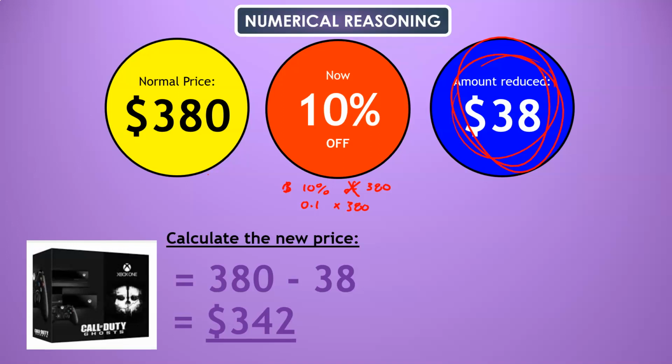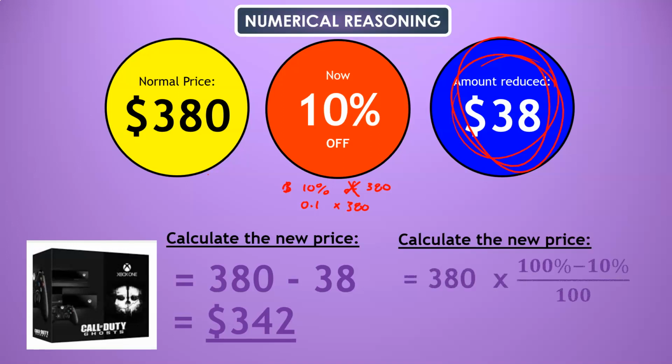So we looked at the multiplier in the last lesson when we were looking at increases. How I would like you to calculate it is to do the following calculation. So 380 times, now the key thing is, in the last lesson when we were doing increases, this was a plus. Because we're doing a decrease, it's take away.